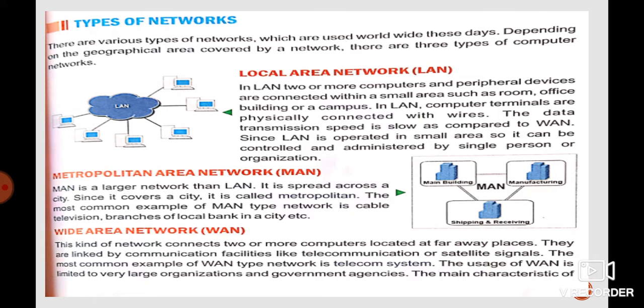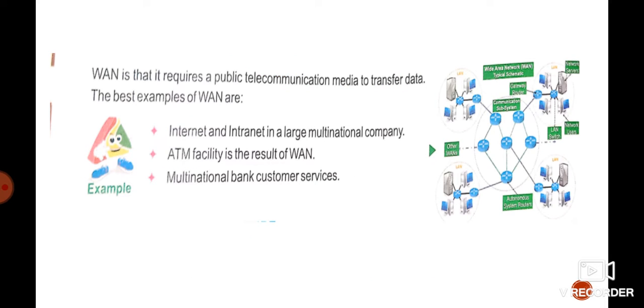It is spread beyond the cities. We can make a call from one city to another city. WAN is used in very large organizations and government agencies also. Using WAN we can connect MAN also, LAN also.